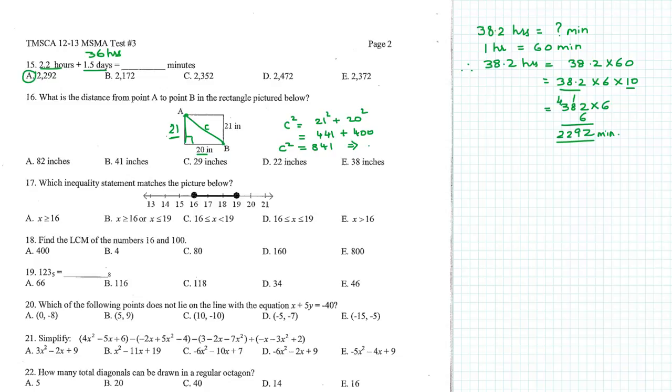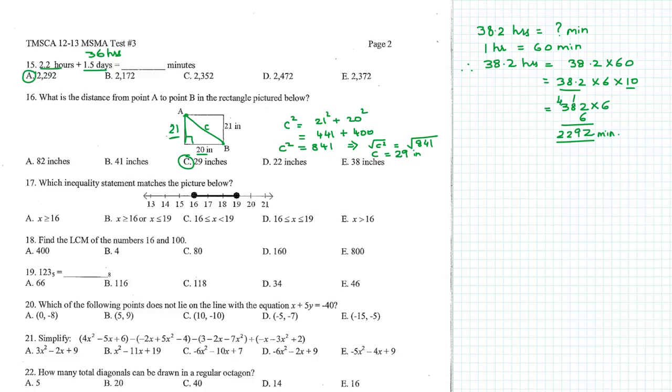So we take the square root on both sides. So square root of c square is equal to square root of 841. So on the left side we get small c, and on the right side we get 29. So the answer is 29 inches. Looks like C is the correct answer.